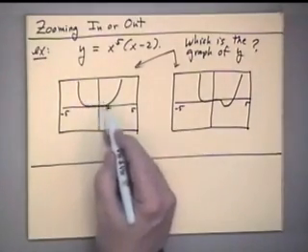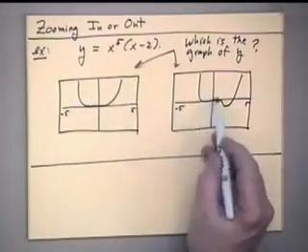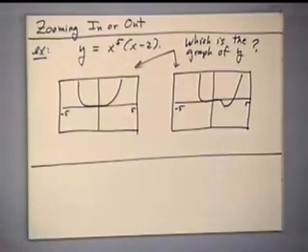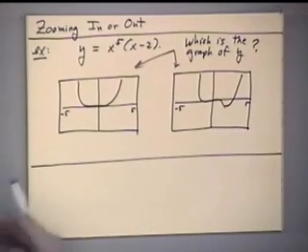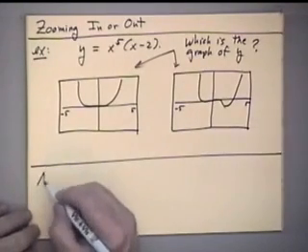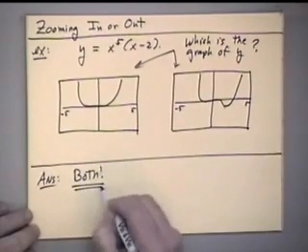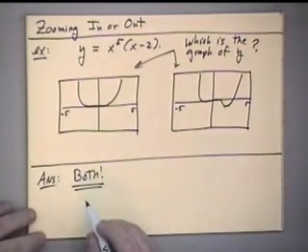This one seems to be flat and just goes back up. This one comes down as flat and then it has a little dip below. So they're certainly different graphs. Which one would be the graph of the function y, do you think? Well, it turns out that the answer is both. They are both the graph of this function.